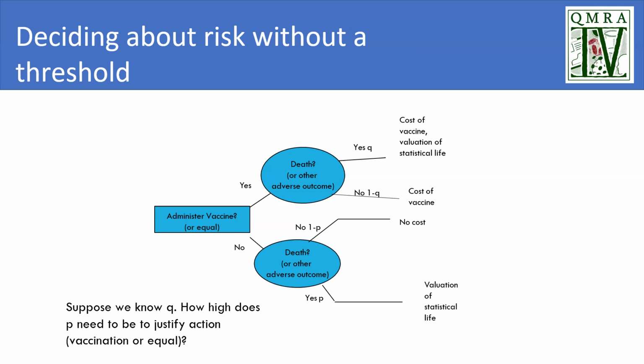There's no 1 in 10,000 or 1 in a million to make the comparison with. We need to calculate from our cost benefit analysis what probability of this outcome justifies the action that we're considering. In this case, the action is administering the vaccine.